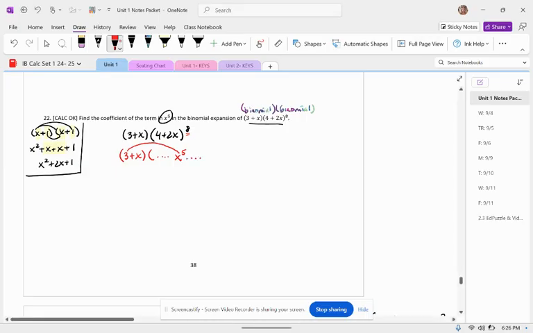And I would get an x to the fifth term if I took this x times whatever x to the fourth ends up being in this polynomial string. So what I basically need to find is the x to the fourth term from this binomial, and the x to the fifth term from this binomial, and then I'm going to distribute out the 3 plus x to each one of those, add them together, and then I'll get my coefficient for the x to the fifth term, okay?